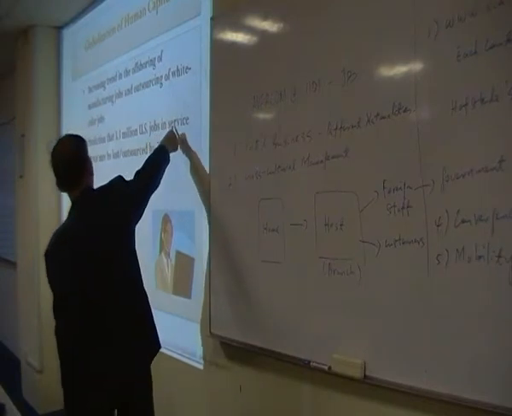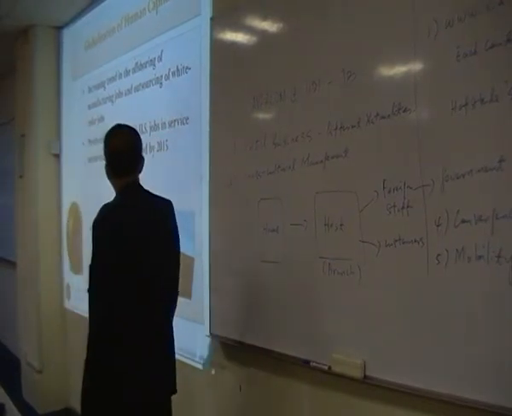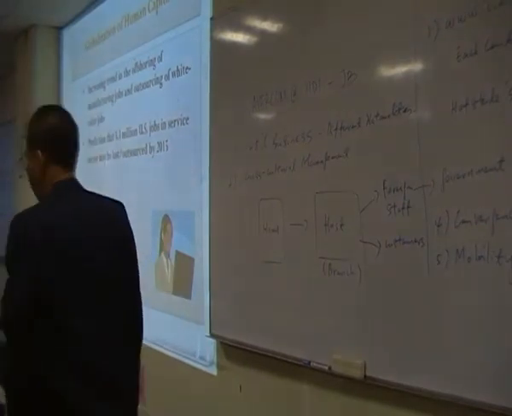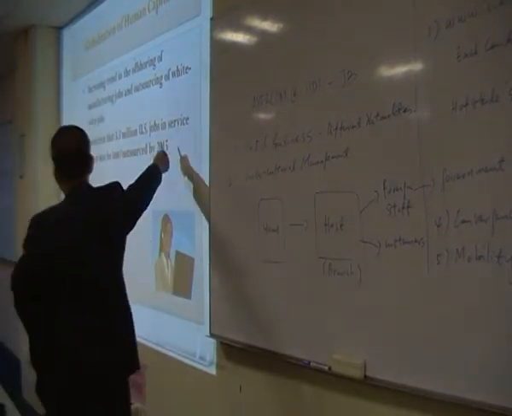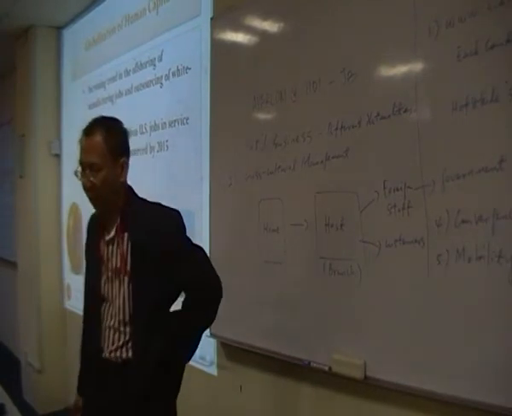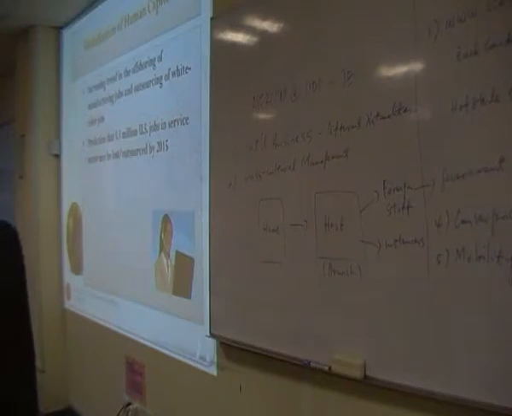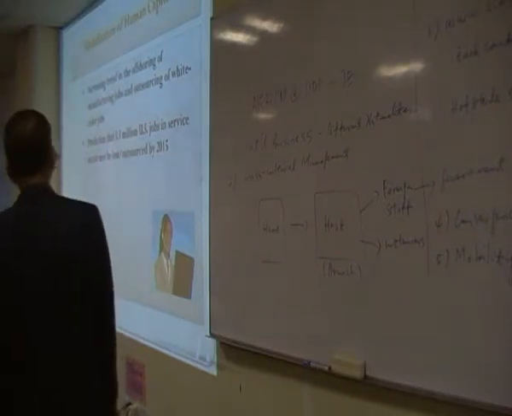Okay, you mentioned 3.3 million US jobs in service sector may be lost or outsourced by 2015. Why do you think that in US there's such a possible trend? Why do you think so?